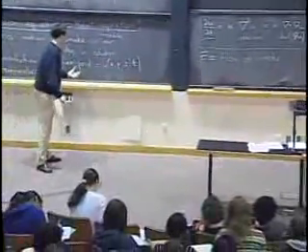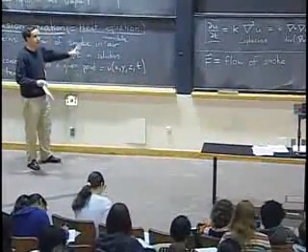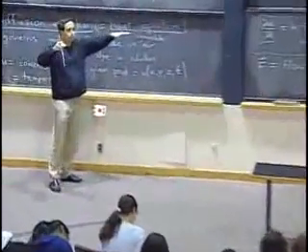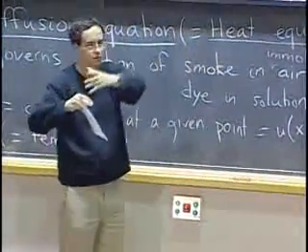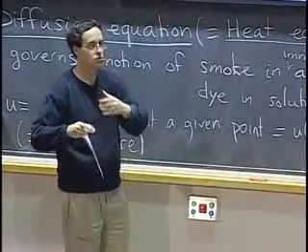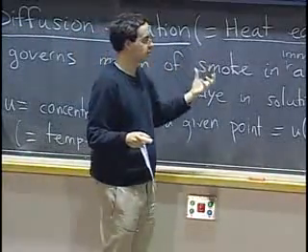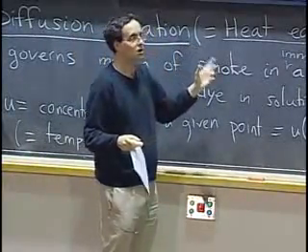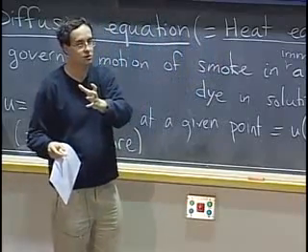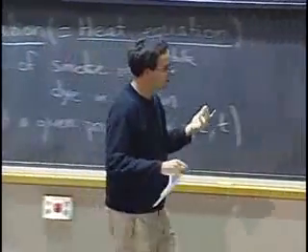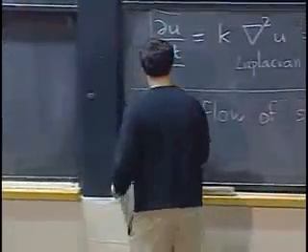One is how the disparities in the concentration between different points cause the flow to be there. How smoke will flow from the regions where there's more smoke to the regions where there's less smoke. And that's actually physics. But in a way, it's also common sense.